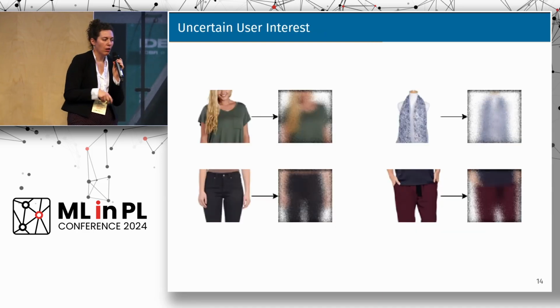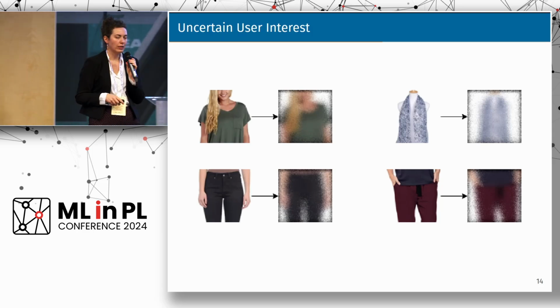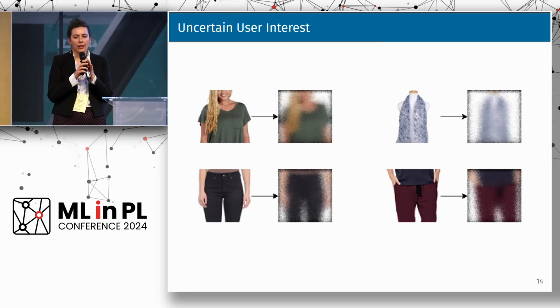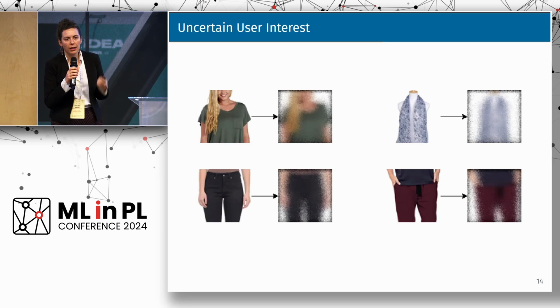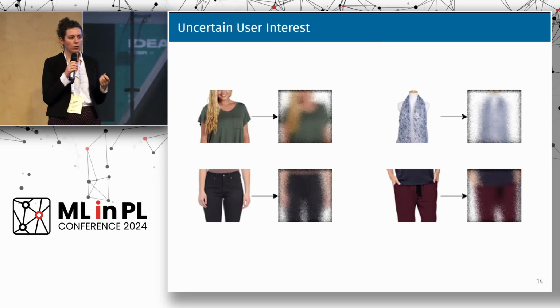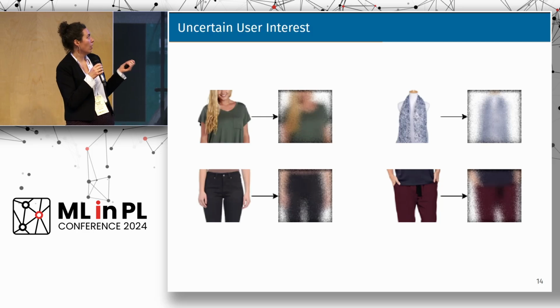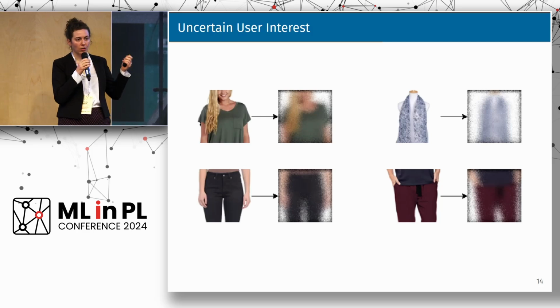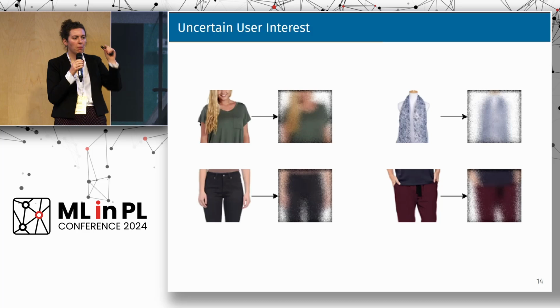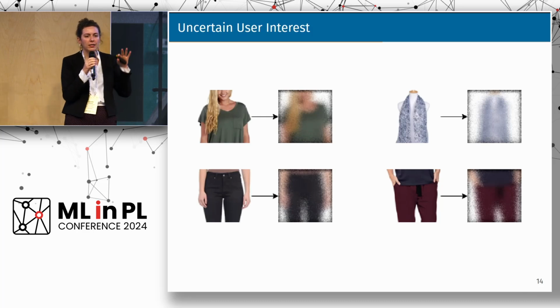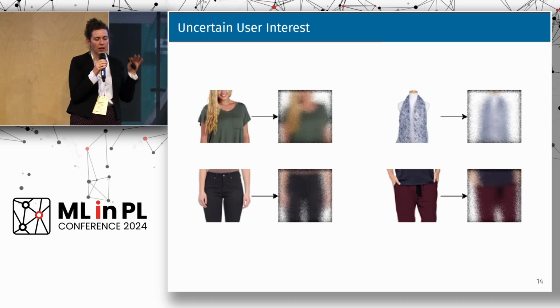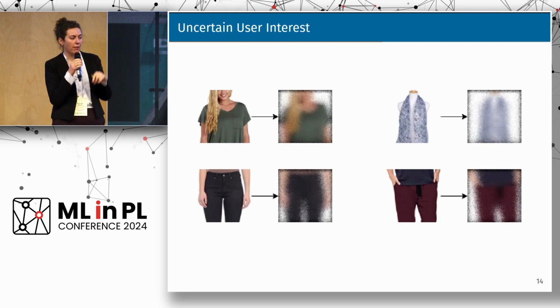The second module was focused on uncertain user interest expressed in the session prefixes. So we assume if the user clicked some green shirt, it's not that the user dreamed of that particular shirt, but something similar to what he has clicked, in fact.